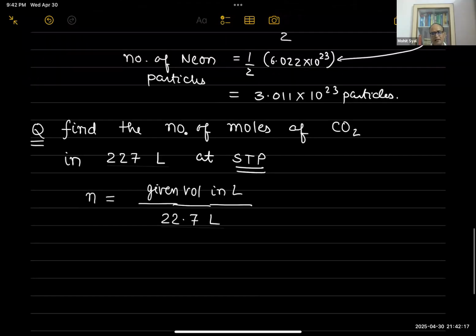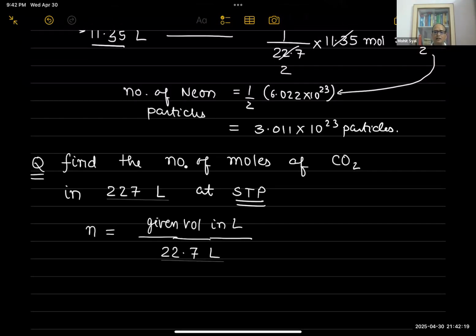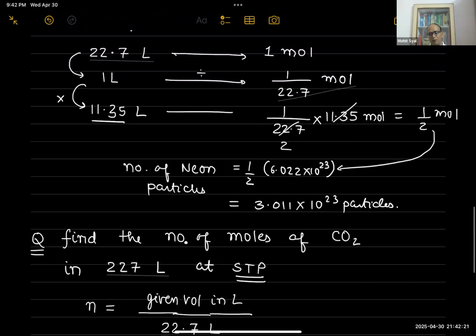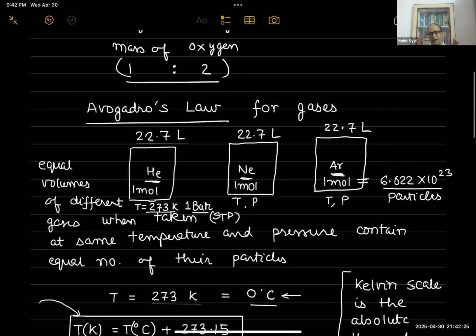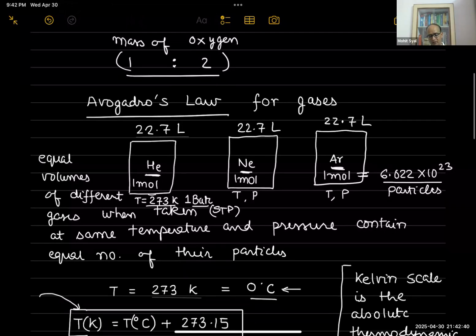And this is in line with Avogadro's law of gases, which says that if you take different gases and keep their temperature, pressure, volume same, their particles are going to be same. And 1 mole of particles of gases occupies 22.7 liters at STP.